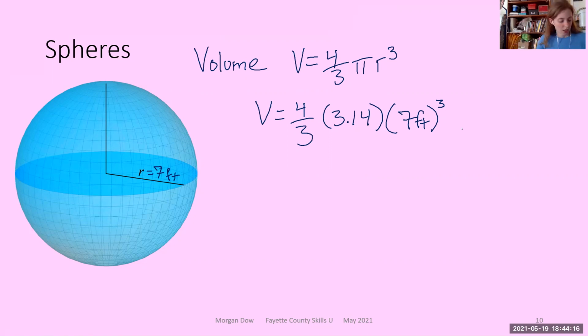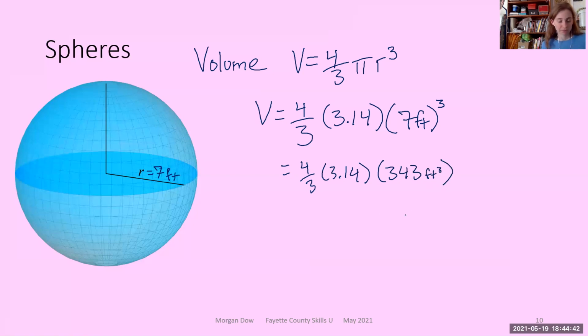So first, let's do the cubing. 7 to the power of 3 is a big-ish number, 343, right? That's 7 times 7 times 7. So I get 4/3 times 3.14 times 343 cubic feet.